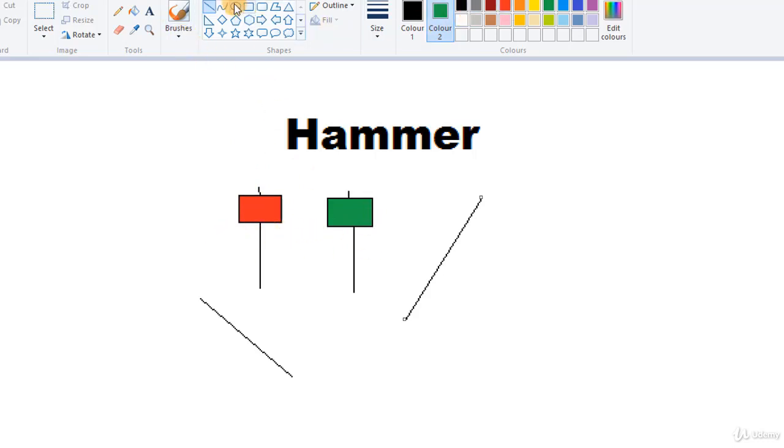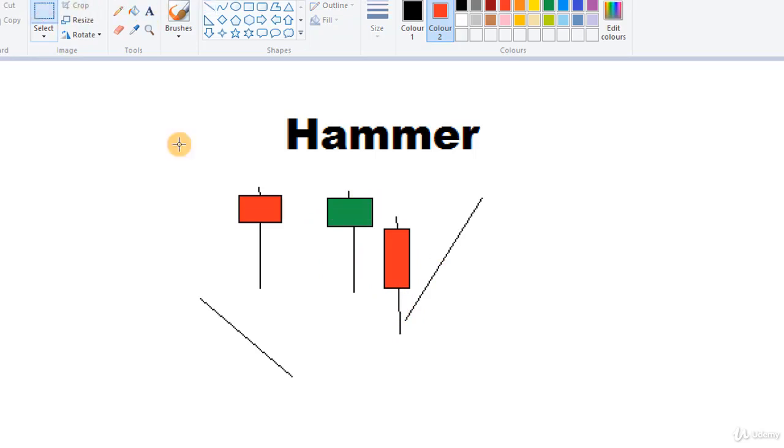But let's say we have this green one in an uptrend, and we get another candle which is a red candle below this hanging man, then this is a 200% sure confirmation that the market shall go into a trend reversal, and it will just go down.